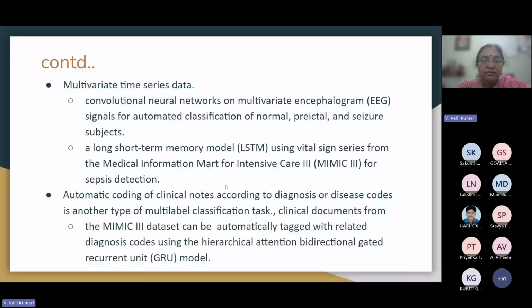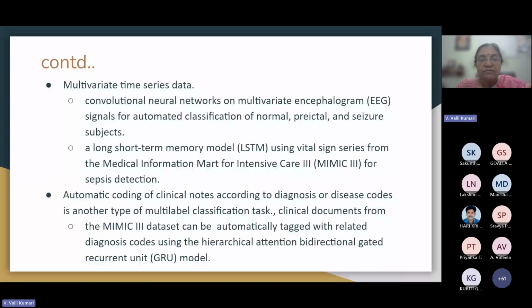Then we also have a lot of models already developed which are based on LSTMs for MIMIC, which is another intensive care related data set.